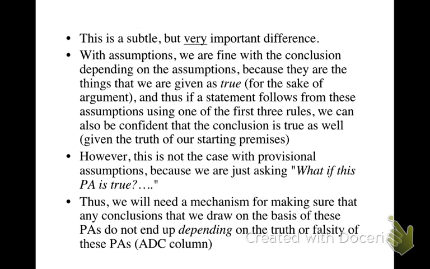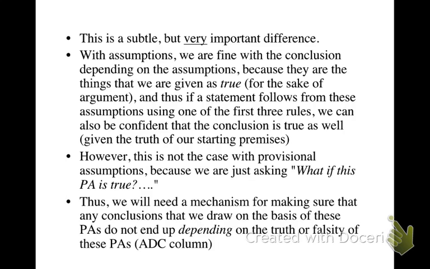Thus, we're going to need to be careful with the provisional assumptions, because we're fine with the conclusion depending on our original assumptions that we are given as true, but we don't want our conclusion to depend on any of these provisional assumptions. So we're going to need a mechanism to track what depends on what as we work through our derivation, so that we can make sure at the end of the day that the final conclusion does not depend on a provisional assumption, that it only depends on our starting assumptions.